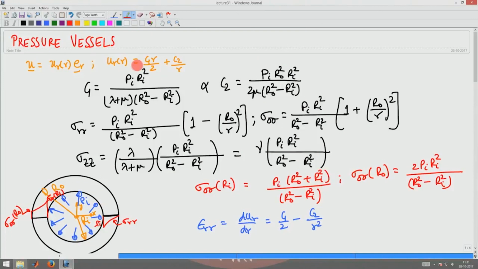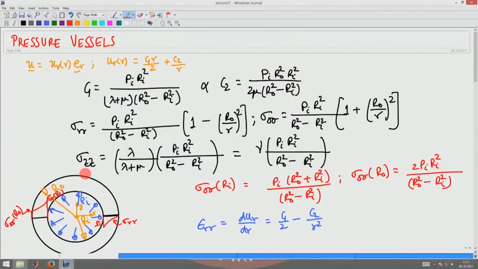The equilibrium equations boil down to requiring divergence of sigma to be equal to 0. Using that, we found that the displacement field u of r has to be given by C1 r by 2 plus C2 by r, and then we found the constants C1 and C2 such that the boundary conditions for the given problem are satisfied.